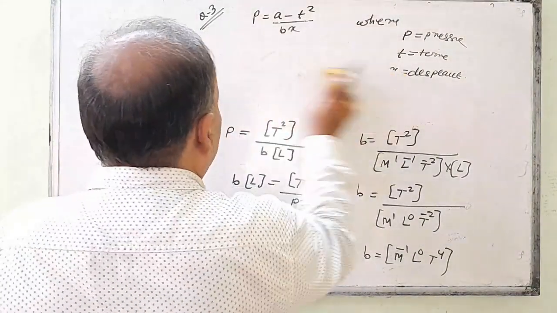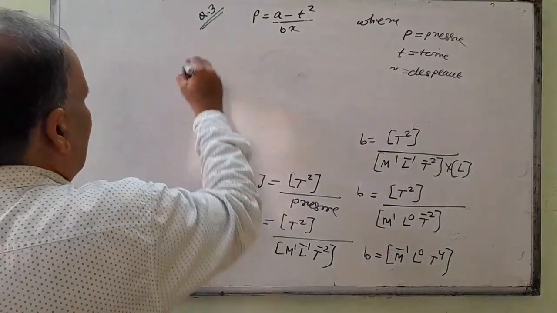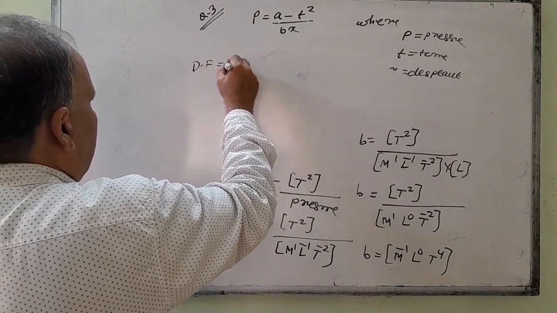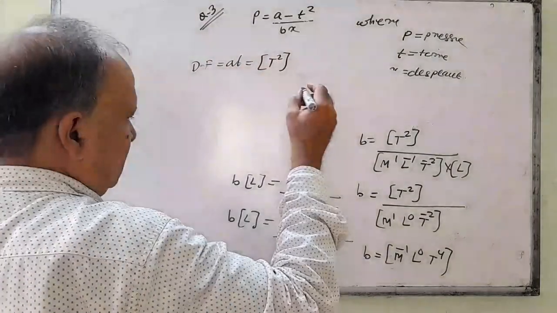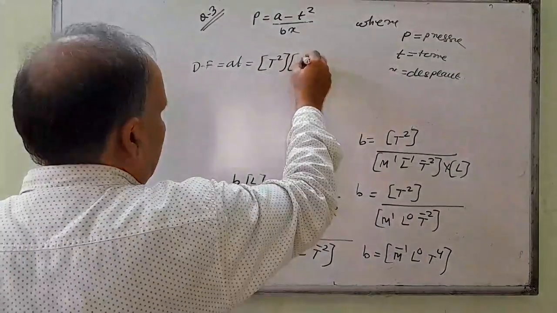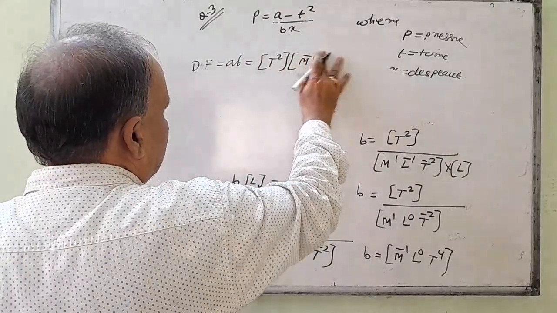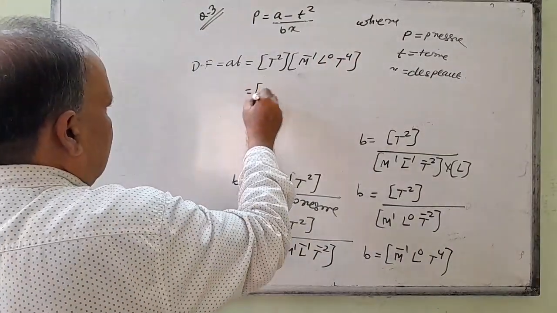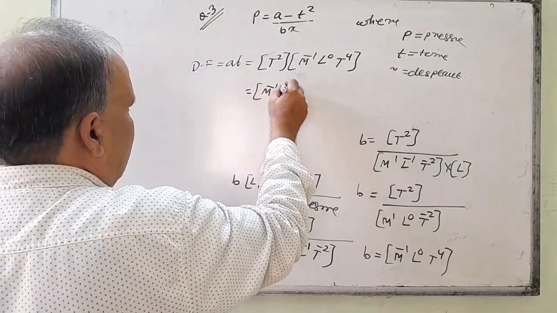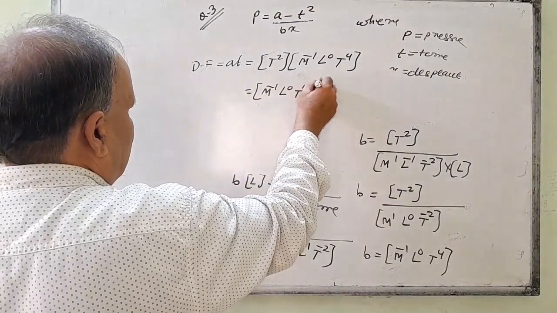Again you see, if it is given the dimensional formula of AB, you can write the dimensional formula of A is T square, your M to the power minus 1 L to the power 0 T to the power 4, that is your M to the power minus 1 L to the power 0 T to the power 6.